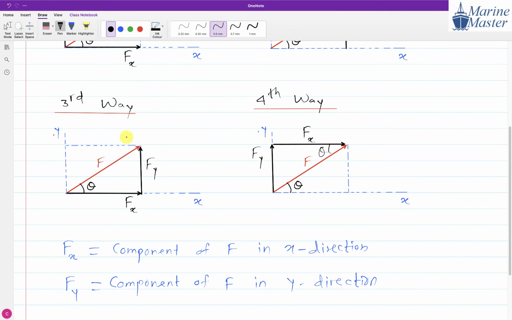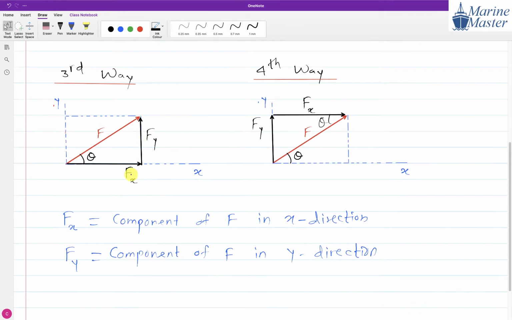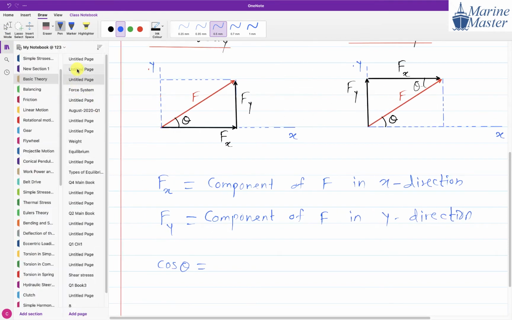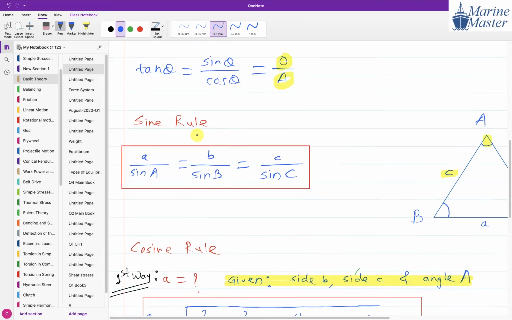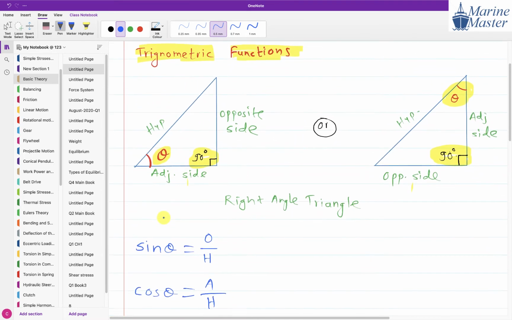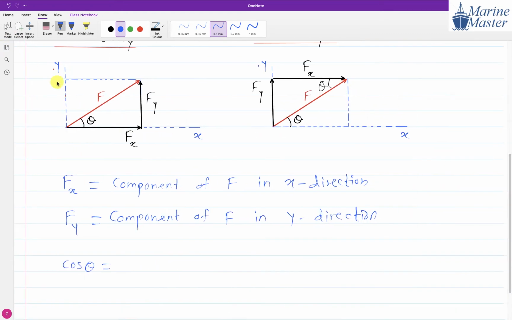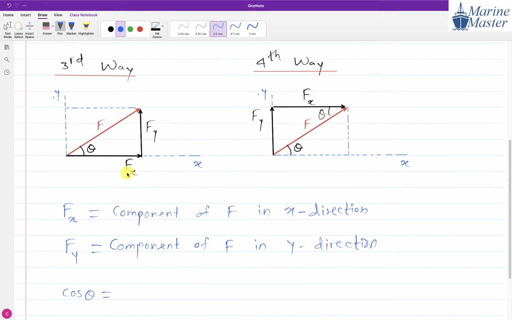Just a few minutes before we have seen sin theta, cos theta, tan theta. Now just have a look at this triangle. What is the basic definition of cos theta we have seen? Adjacent by hypotenuse.